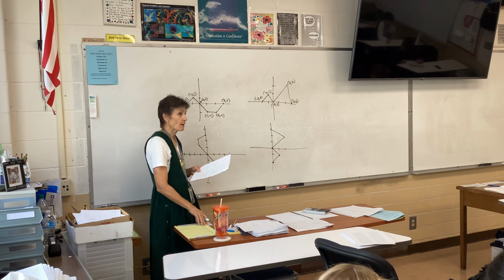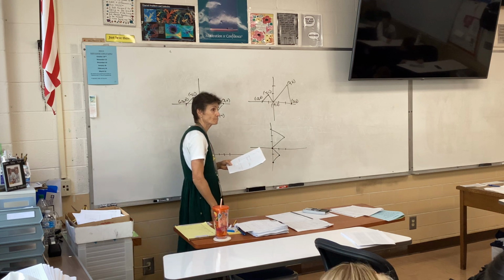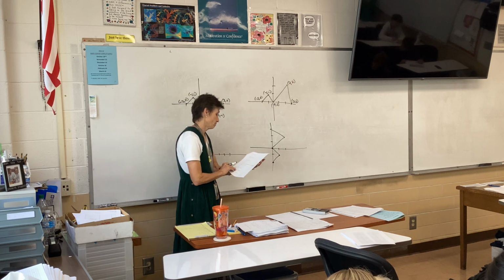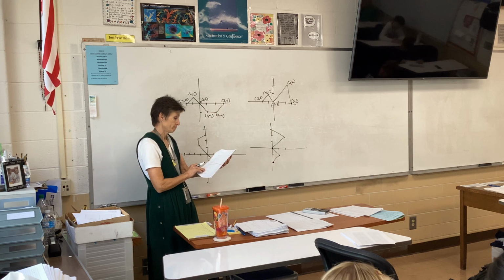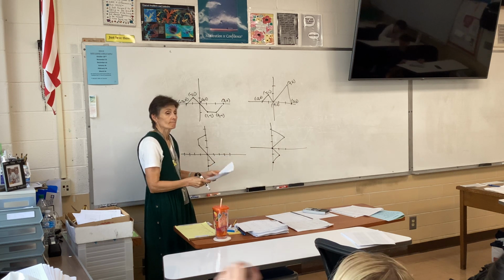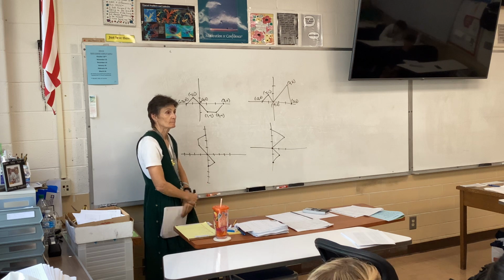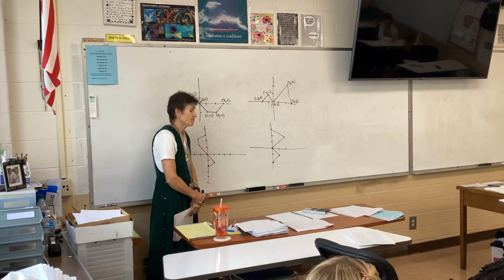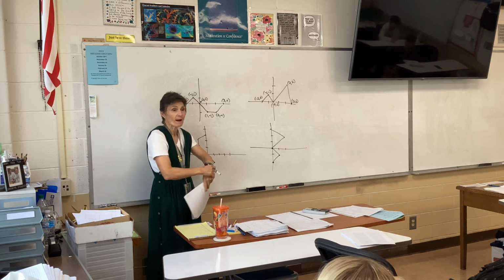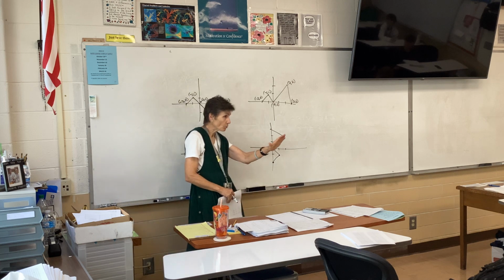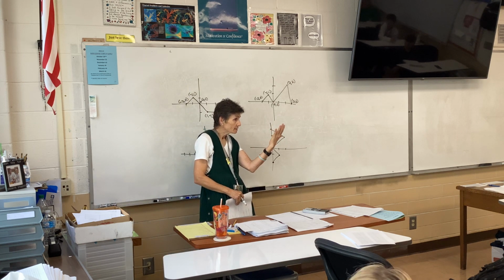Everybody okay? Did you get that one graphed okay? Okay, how do we graph, if I give you a picture and say graph the inverse? Easy. All you have to do is take the original ordered pairs and switch them.